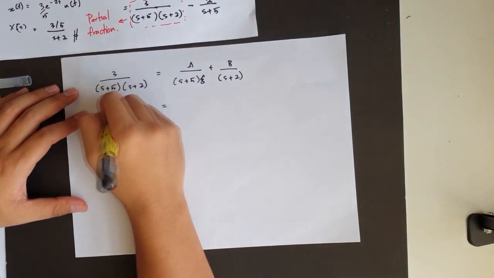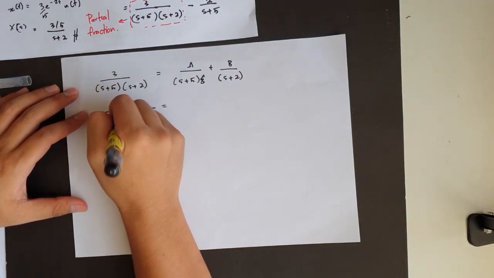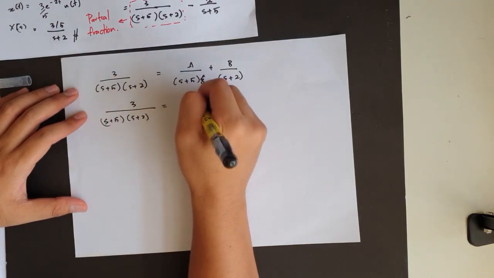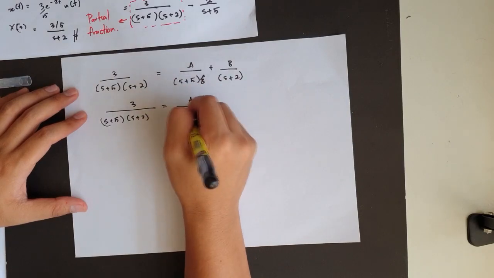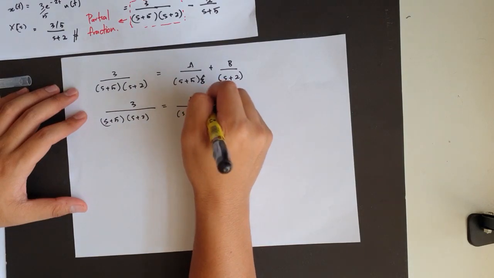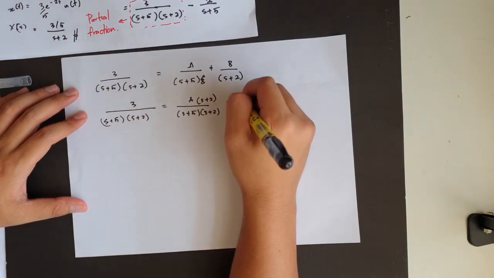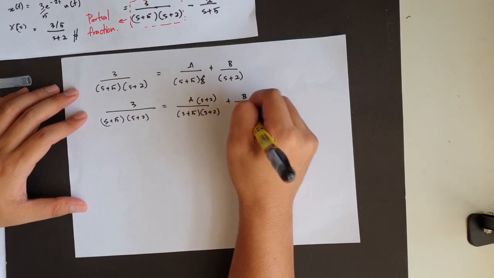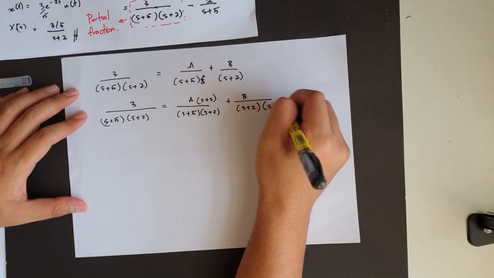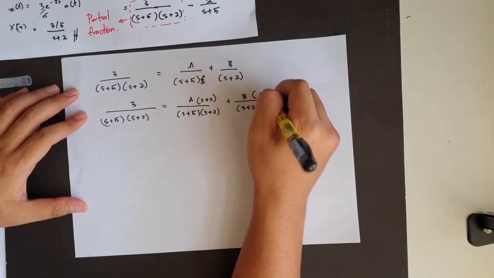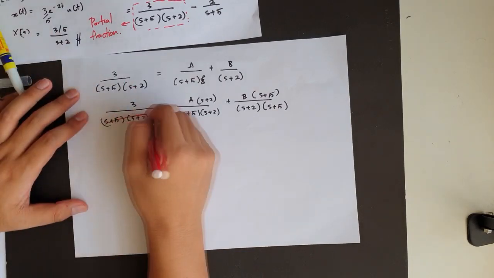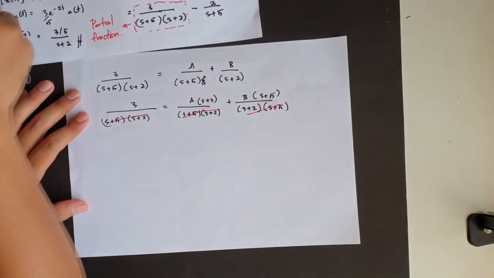So for A, we require the s plus 2 here, and for the B, we require the s plus 5.